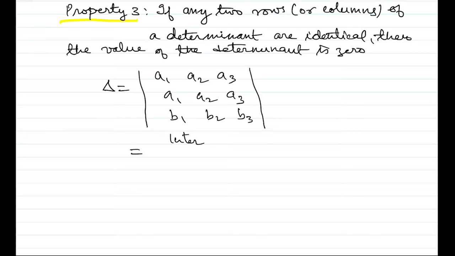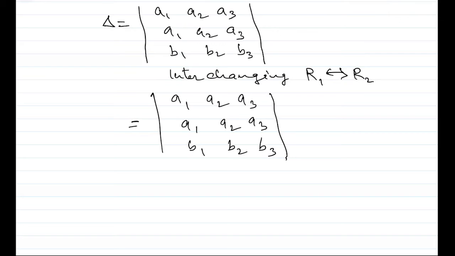Now interchanging R1 and R2, we get, the left hand side will become minus delta. As we have seen in property number 2, if you interchange two rows or columns of a determinant, the value of the determinant changes its sign.